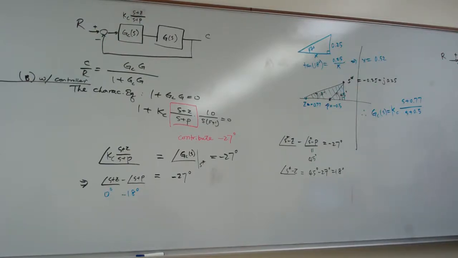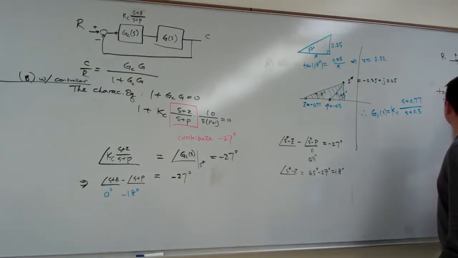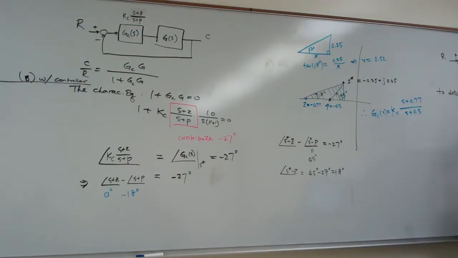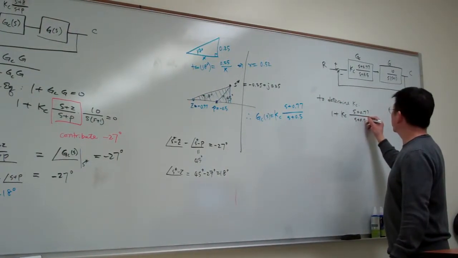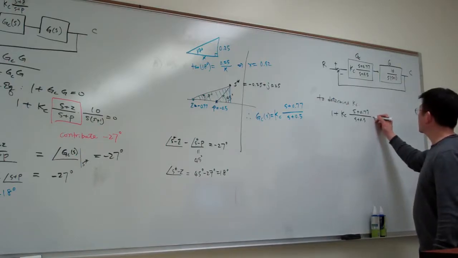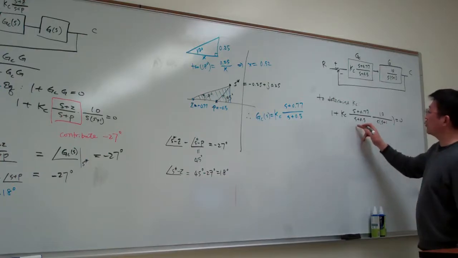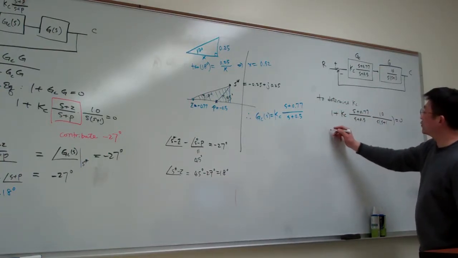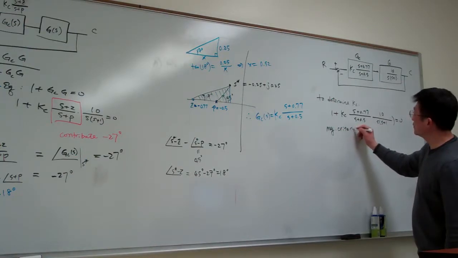Okay, so how to determine KC? With these characteristic equations: 1 plus KC (S plus 0.77) times 10 over (S plus 0.5)(S plus 1) equals 0. So this is our characteristic equation, and for this one we apply the magnitude criterion.